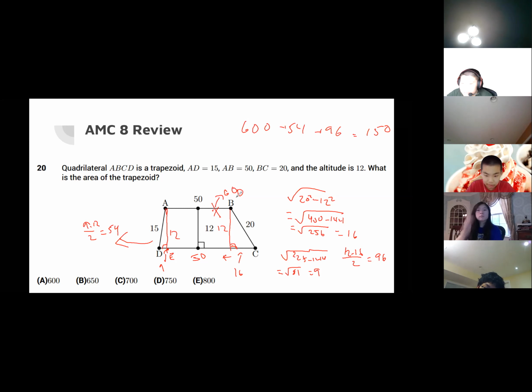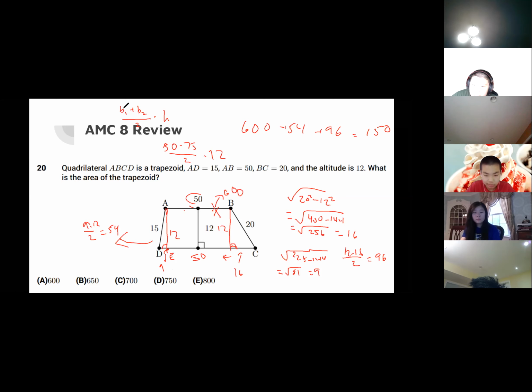Another way you can do it is by using the trapezoid area formula, which is the top base plus the bottom base divided by 2 times the height. So the top base is 50. The bottom base is 9 plus 50 plus 16, which equals 75. So 50 plus 75 divided by 2 times h, which is going to be 12.